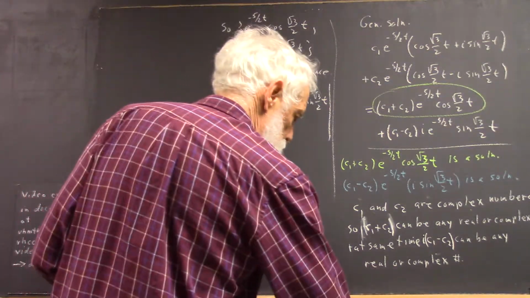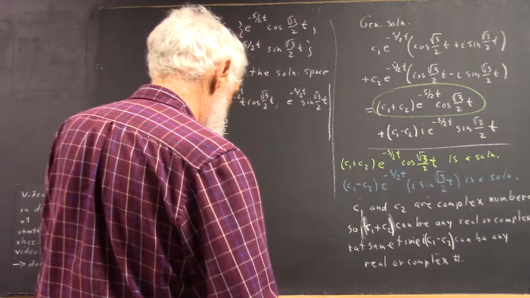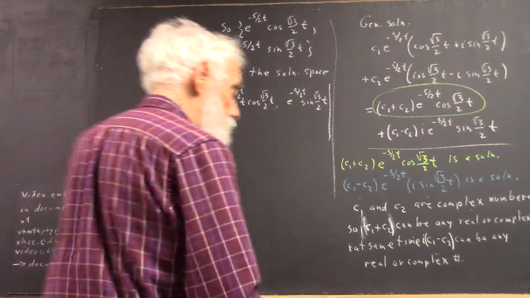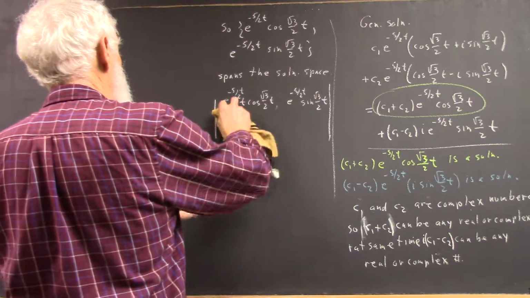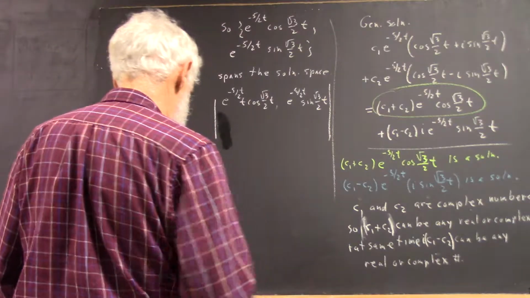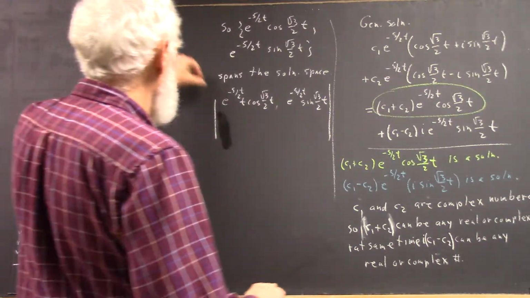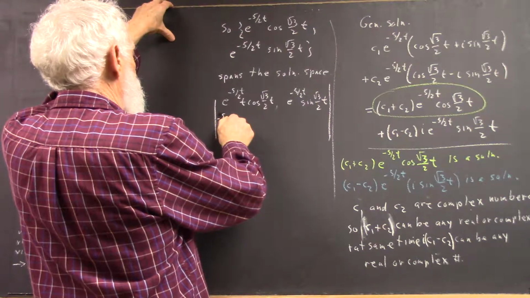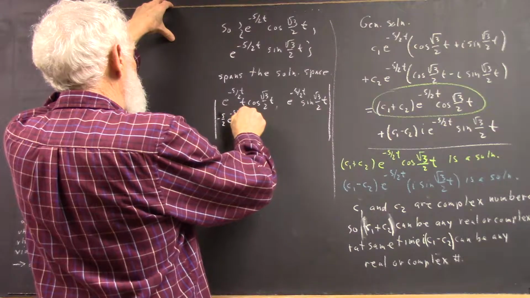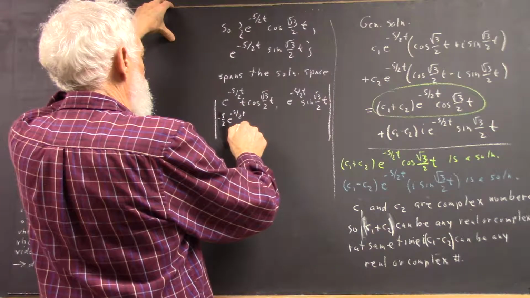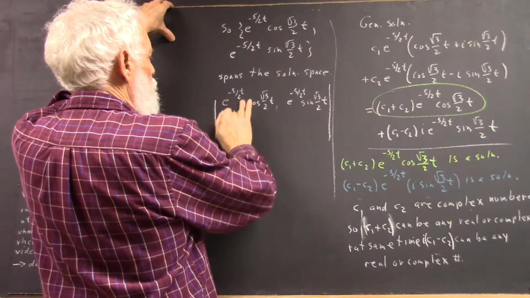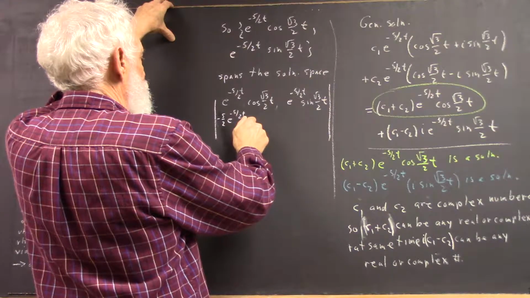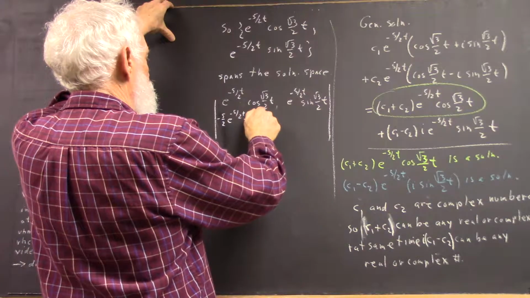And again, I wrote something down prematurely. I could leave it there, it'd be correct, but let's do it in the order we're used to doing it in. Okay, so the derivative, of course, is going to be negative 5 halves e to the negative 5 halves t times the sine of the square root of 3 over 2 t.